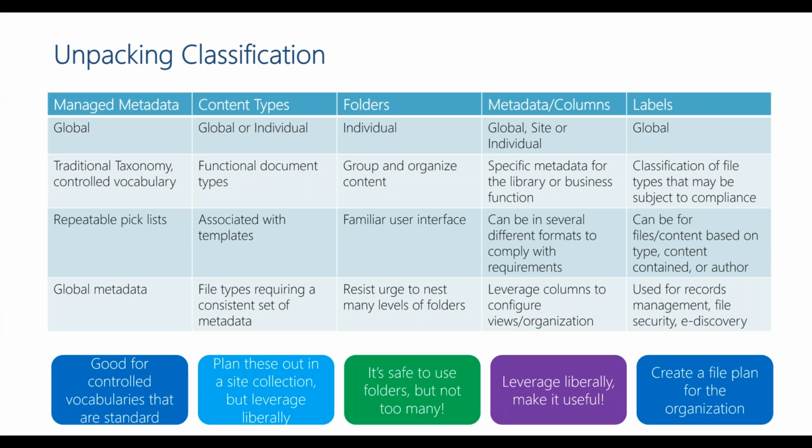So this is really where your traditional taxonomy and your controlled vocabularies can be registered as a resource and leveraged across different document libraries. So I think it's always good, as far as your IA is concerned, to identify those metadata fields and to identify those controlled vocabularies and to roll those out as you're planning out your file repositories.